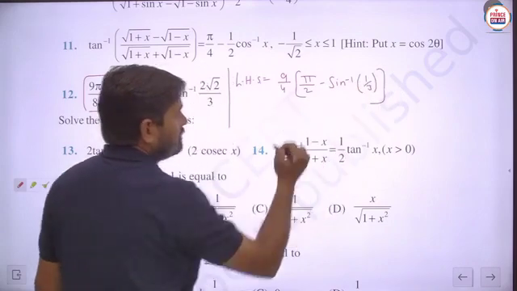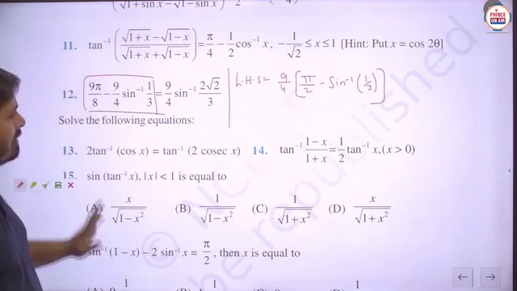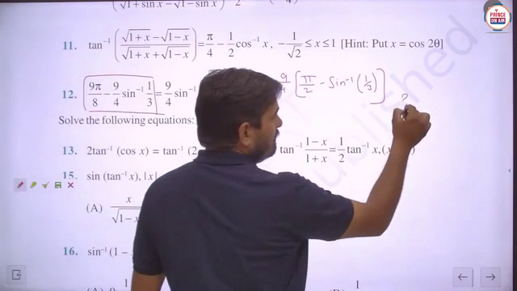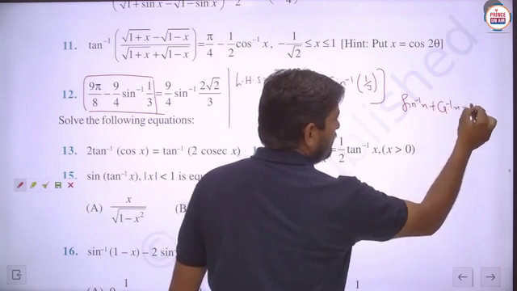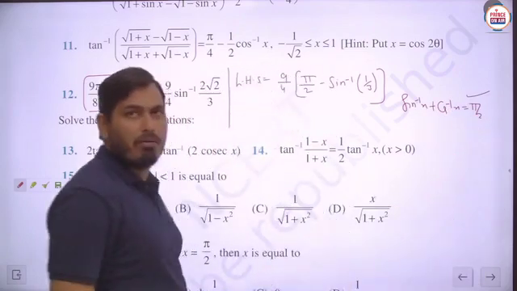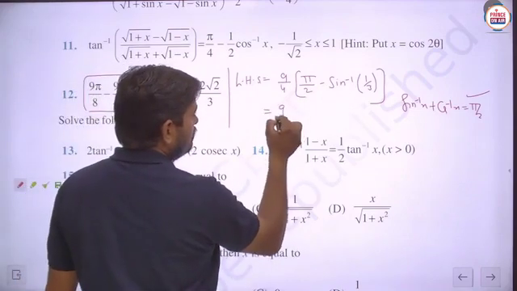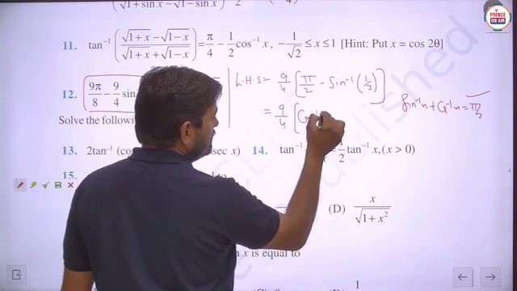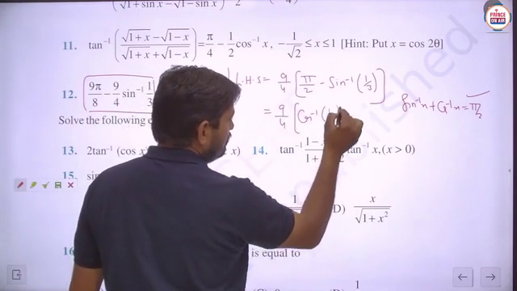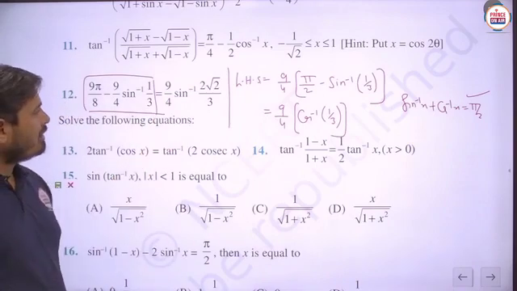Now you know very well about this part: sine inverse x plus cos inverse x is always pi by 2. So definitely pi by 2 minus sine inverse will be taken as cos inverse 1 by 3.